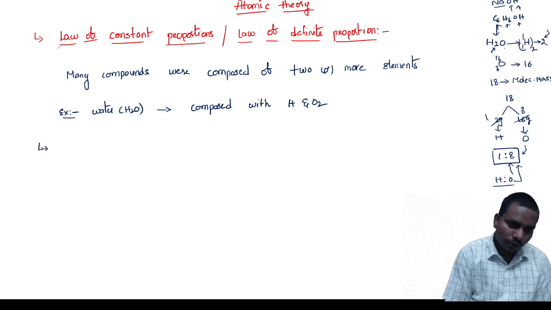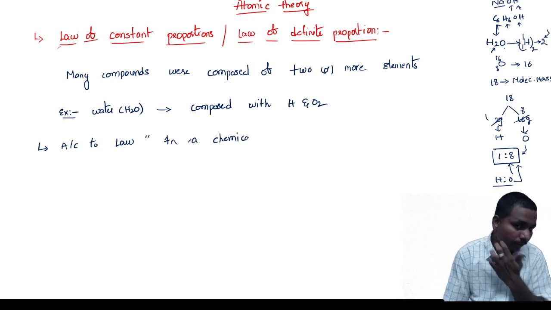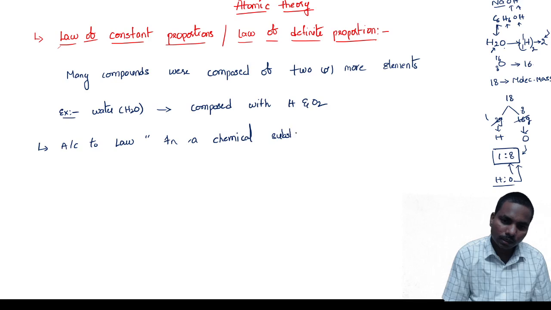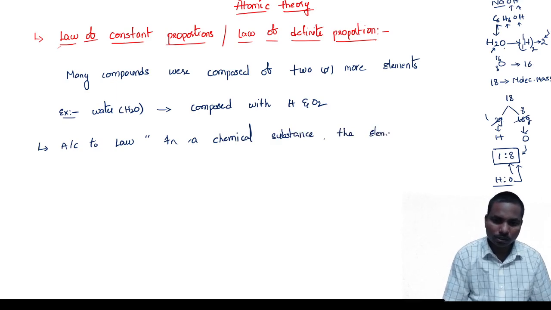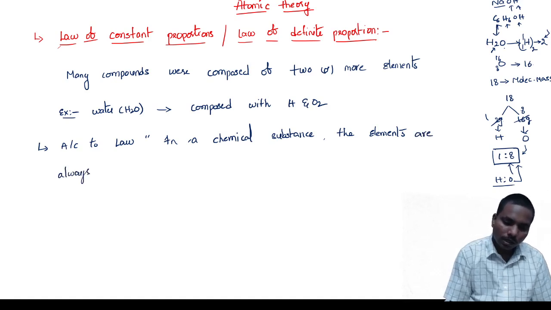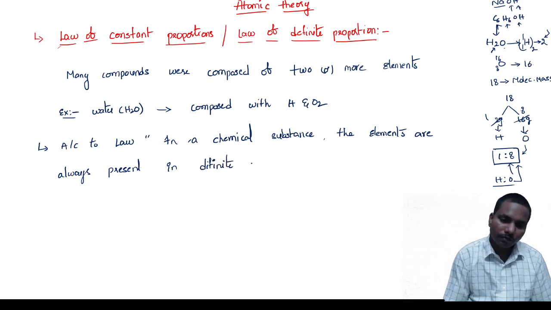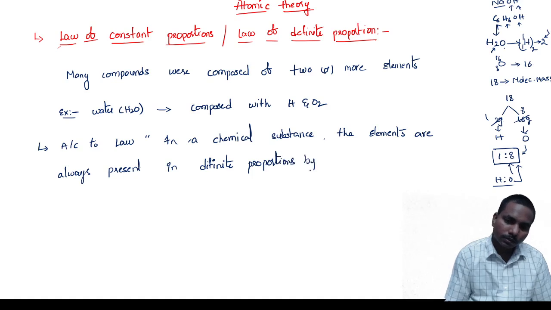According to the law of constant proportion, in a chemical substance or compound, the elements hydrogen and oxygen are always present in definite or constant proportions by mass.